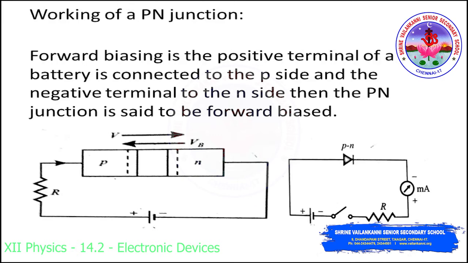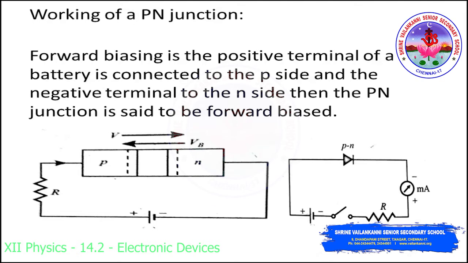The diffusion of electrons and holes into the depletion layer decreases its width, and the effective resistance across the p-n junction automatically decreases, right? So when V exceeds V_B, the majority charge carriers start flowing easily across the junction, and a large current, called the forward current, is set up in the circuit.